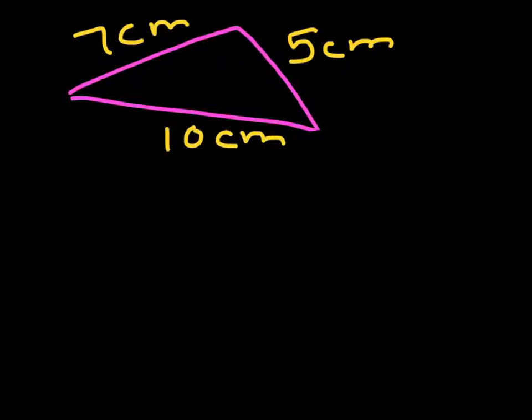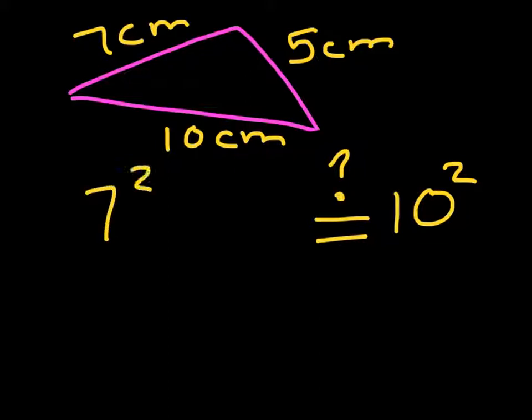Okay, so if it is a right triangle, remember the two smaller sides squared must equal the third side squared. So if this were a right triangle, then 10 would have to be the hypotenuse, and so I want to do 10 squared. Got my little question mark because we're trying to decide, and then it would be 7 squared plus 5 squared.